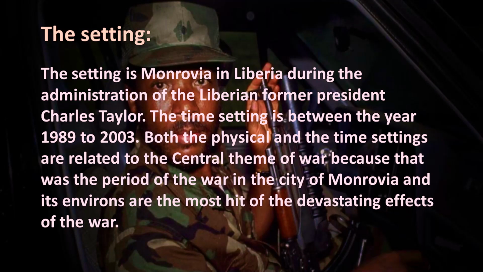Both the physical and the time setting of the play are related to the central theme of the war, because that was the period of the war in the city of Monrovia and its environs, and the most heat of the devastating effects of the war.